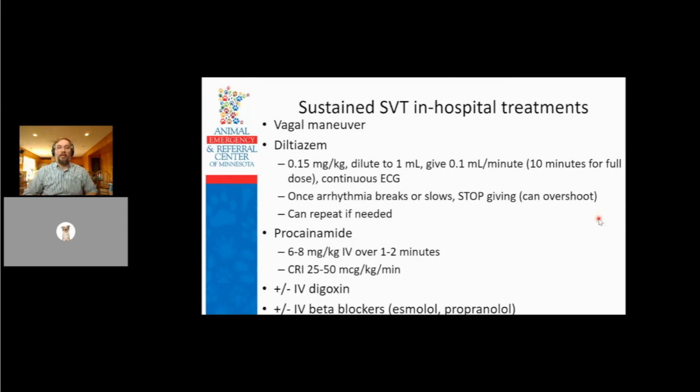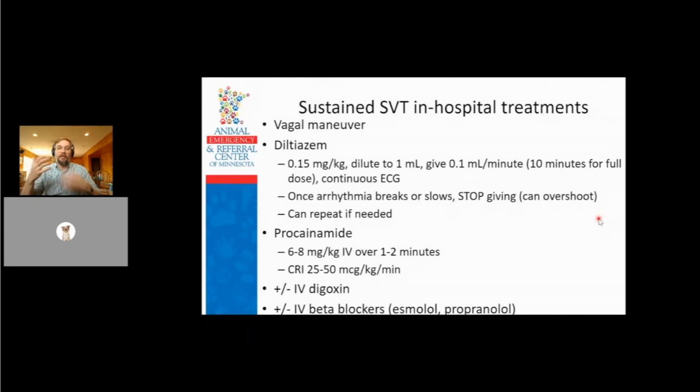So I usually dilute out 0.15 mg per kg to 1 mL, and I have the technician give 0.1 mL per minute. And again, once the rhythm breaks or once the heart rate hits 160 or lower, I stop giving it because you don't want to overshoot it. If it doesn't break, you can repeat that one more time if needed.